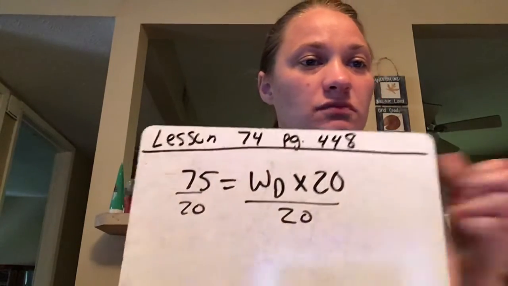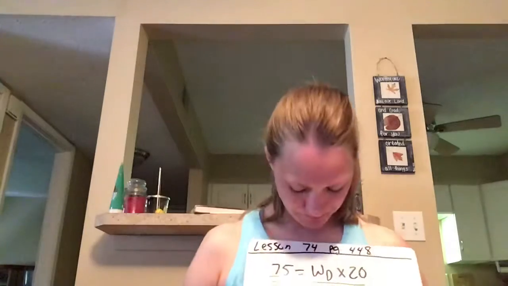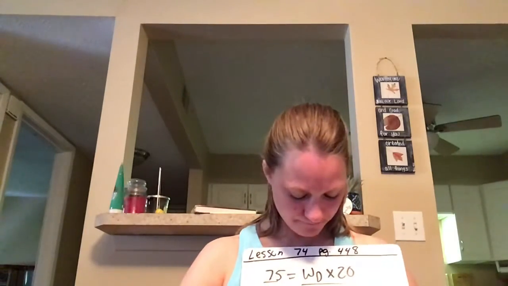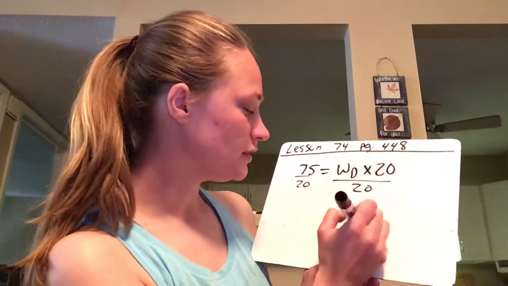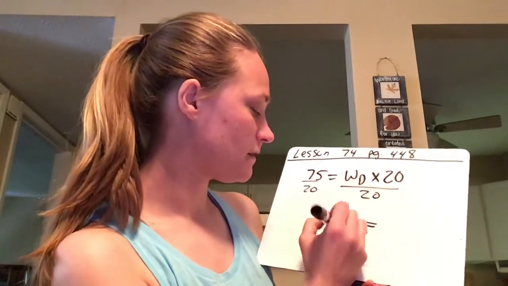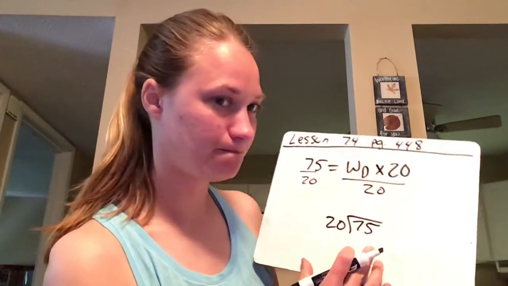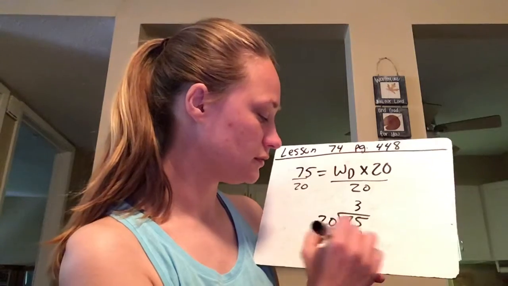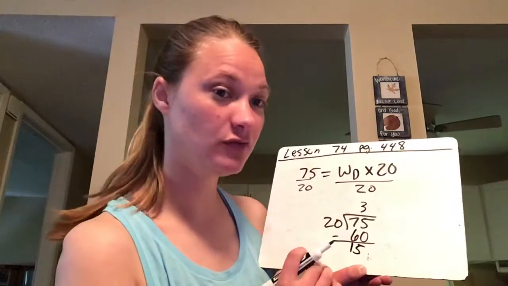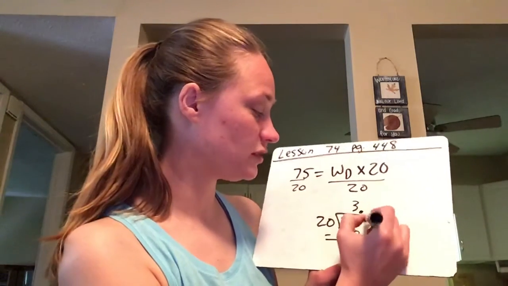Basic equation math. But, all right. So I'm going to take 75 divided by 20. It's going to go in 3 times with 15 left over. I'm going to add a decimal because I'm trying to do a decimal.